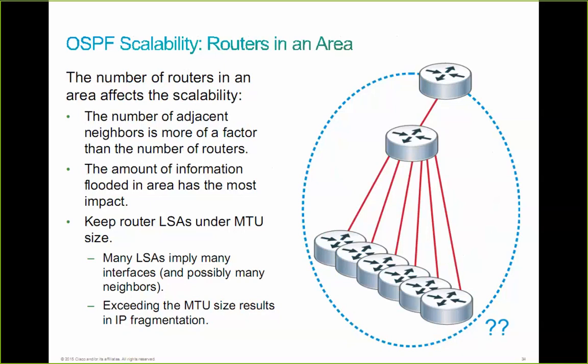All right? If you see a large number of LSAs, that might be normal. That might just indicate that you have many interfaces, maybe lots of neighbors. But it could also be an indirect indication that the area may have become too large, or maybe you have some flapping links and so on.